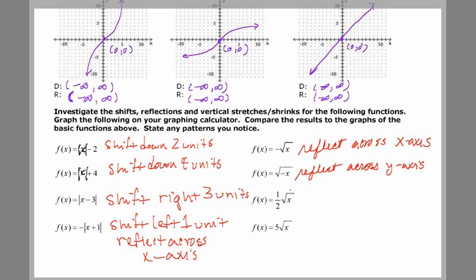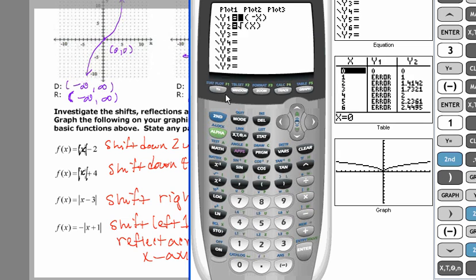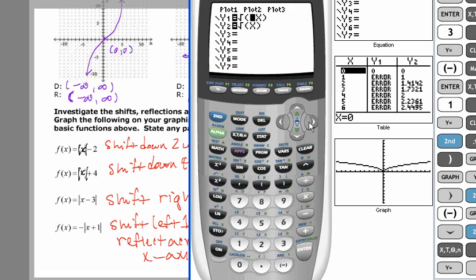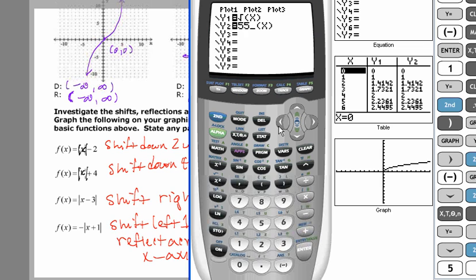And finally, let's do the 1/2 and the 5x. Pull those up and we'll do them. Let me delete that and keep the square root of x first. Then let's insert 5. Okay, whoops.